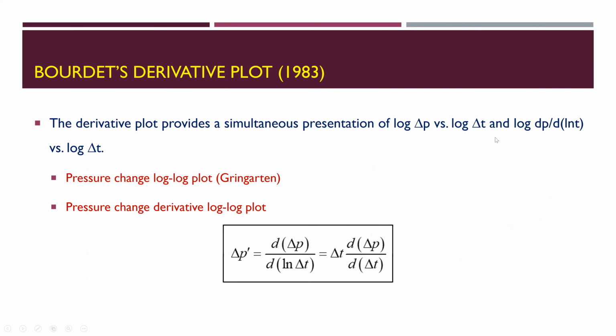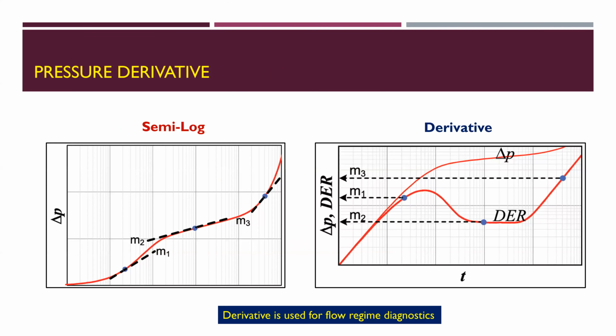This derivative, as you see here, is represented like that. If you have Excel, you can do it, but it's better if you have a software package. It will make it easy for you to estimate the pressure derivative once you have the real pressure data.